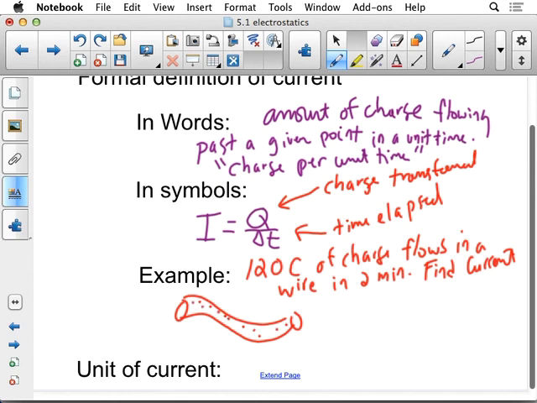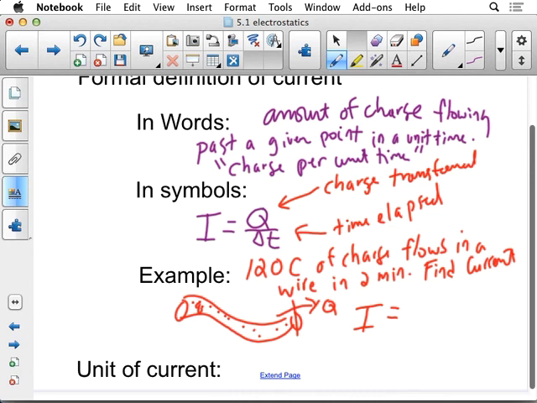And each one of these little charges we don't care about, but the total amount of charge that flows through this point in the wire, I will call big Q. Total amount of charge that flows past that point, big Q, happens in 2 minutes. Calculate the current, and what does that come out to be?